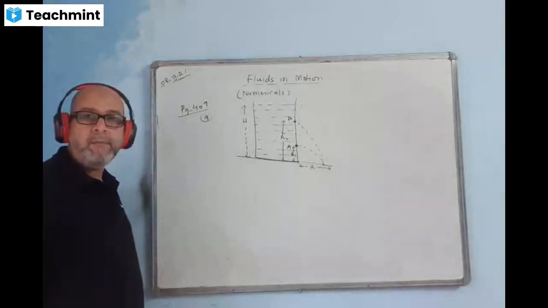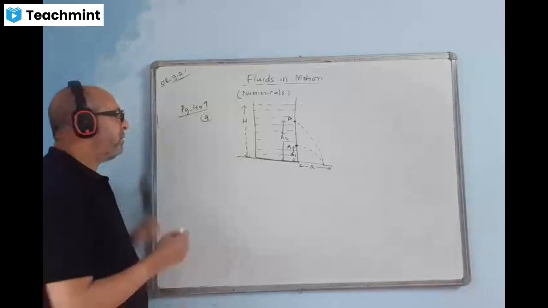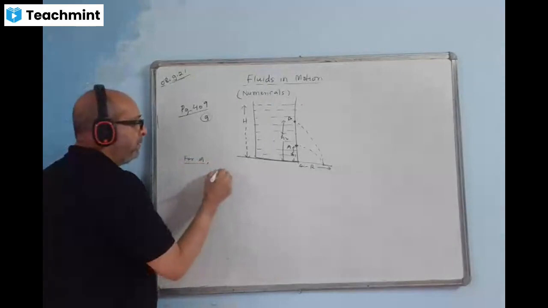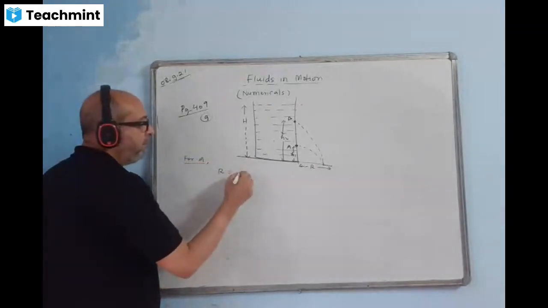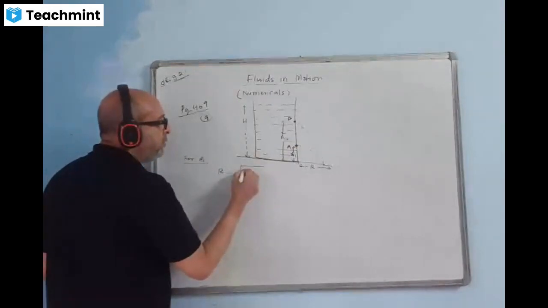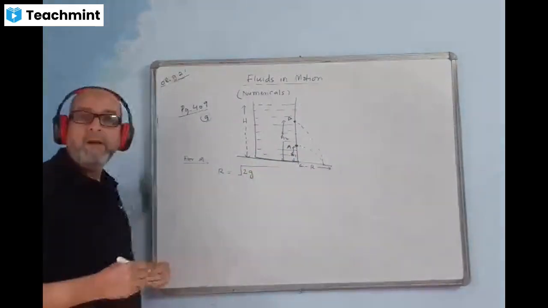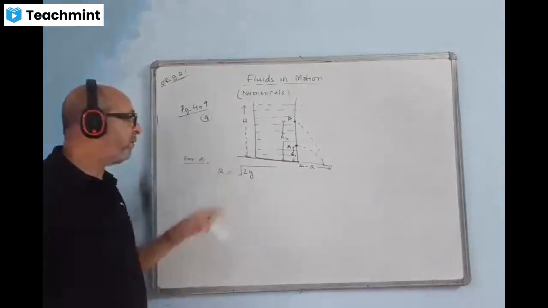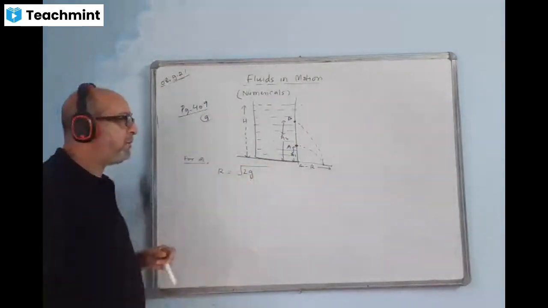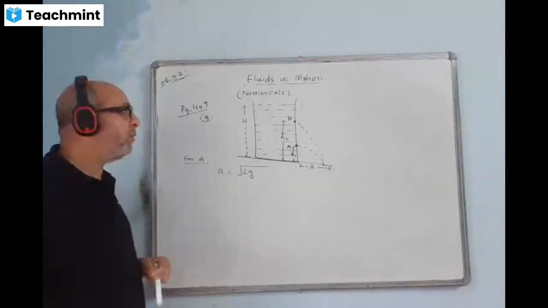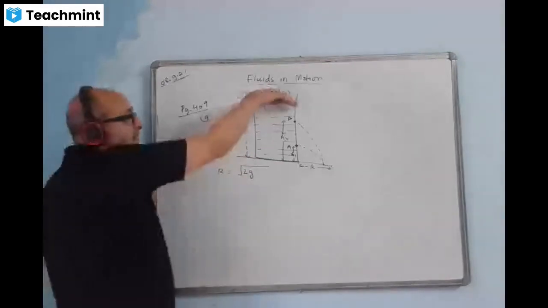Range is same. What is the formula of range? You can write here for A. Range formula we got velocity into time. Velocity value is efflux velocity here. Efflux velocity formula will have root 2gh. But small h is what? Small h is the height of the hole from the water level, from here till here.